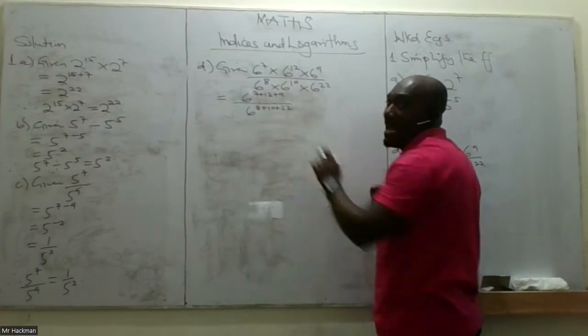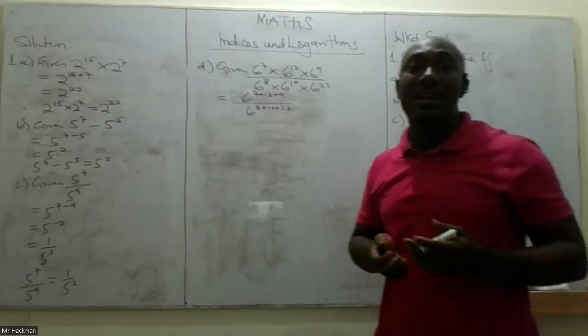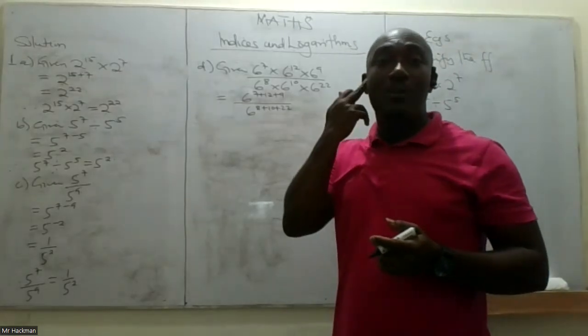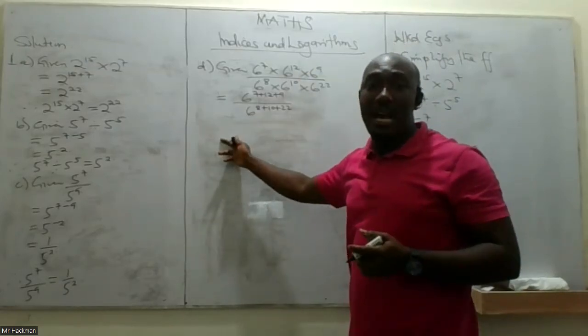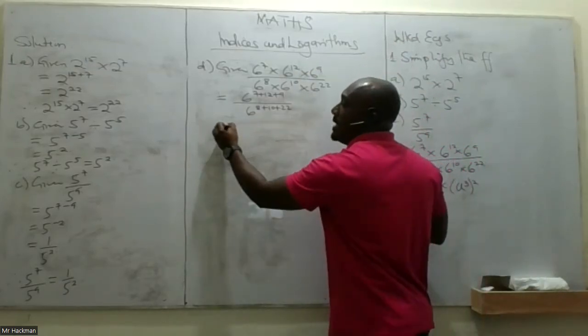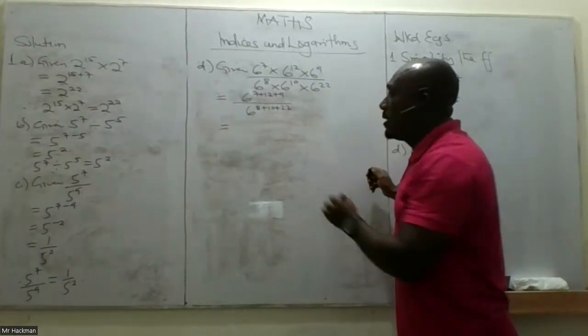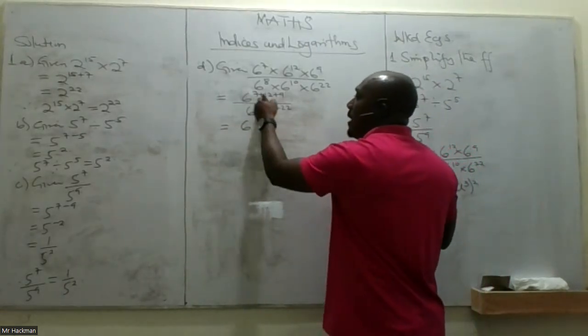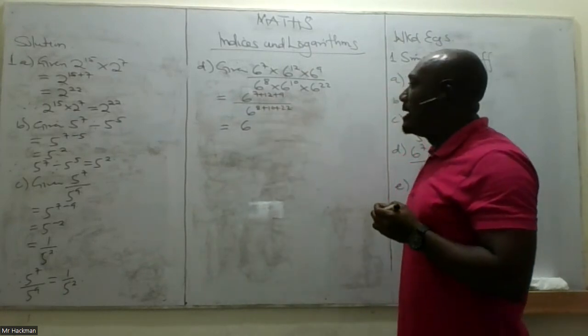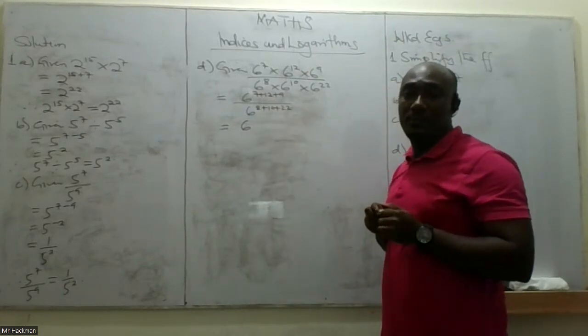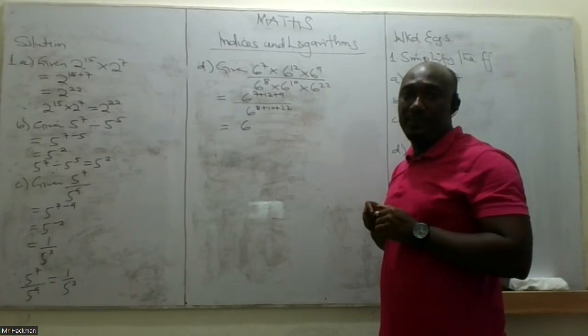And this step that I have here, like I said, is basically for explanation purposes. You can always do it mentally, meaning you can move from here to what I'm now going to write, and you won't lose any math. So this will be equal to, you keep your base. Now we are adding. So this plus this will give us 19. 19 plus 8 will give us what? 28.